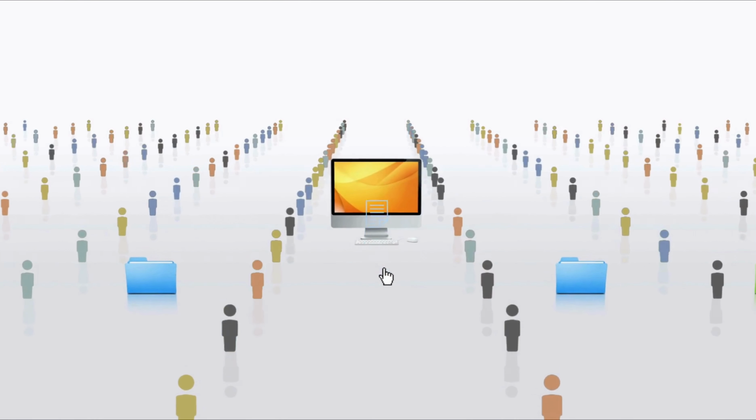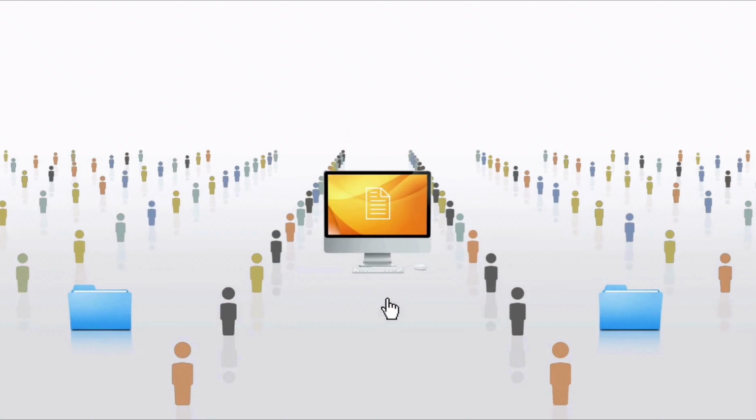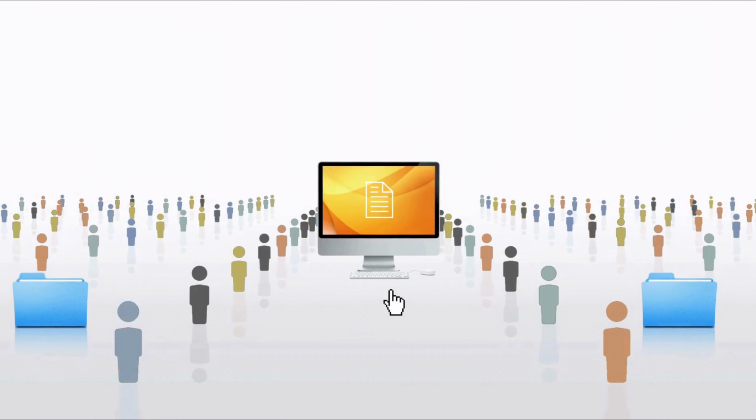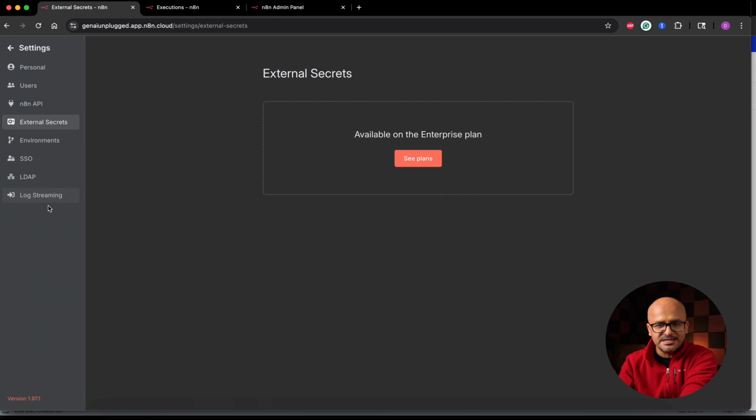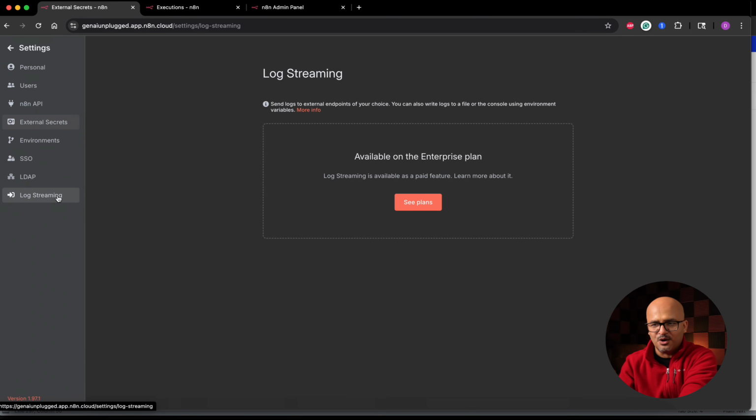So instead of checking logs manually, you can stream the execution events to a central monitoring system, and that allows real-time alerts when any type of issue occurs. Again, it's an enterprise feature, and you can see in the settings section, you have this log streaming over here. There are a couple of more features, for example, LDAP and SSO integration.